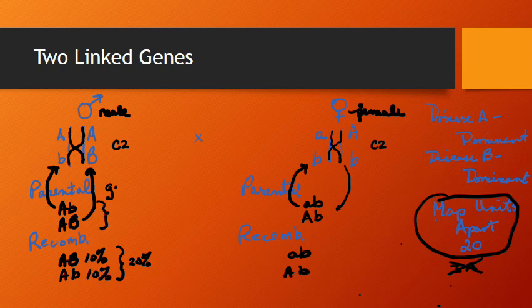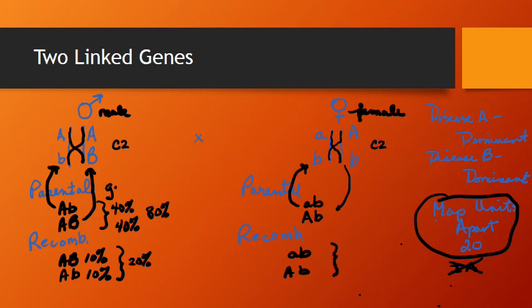In our parent, then, we will have a possibility of 80% getting the parental, because this must add up to 100%. So we're going to have 40% of this genotype and 40% of this genotype. The same holds true for our female.